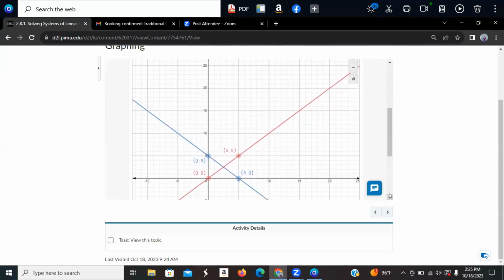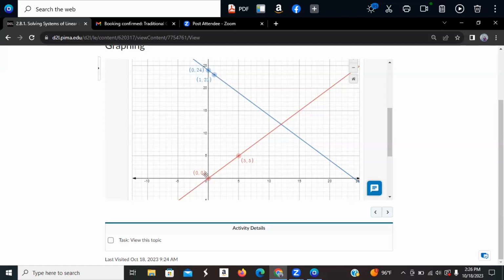So let's start with the first one up at 24 on the y-axis. And then you want to go down 1, right 1, down 1, right 1. For the other equation, would it be 0 and 1?